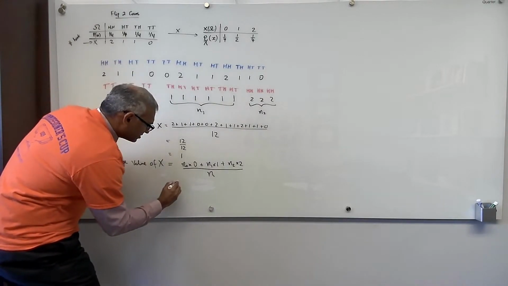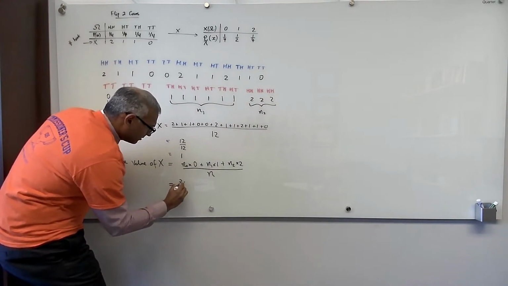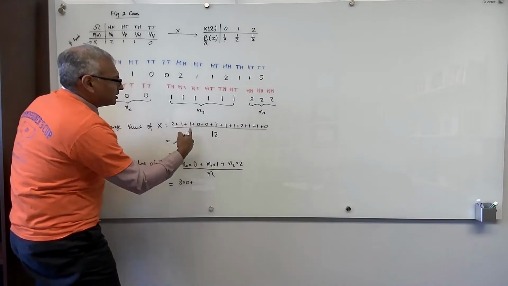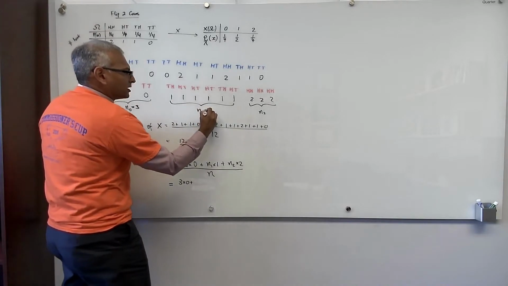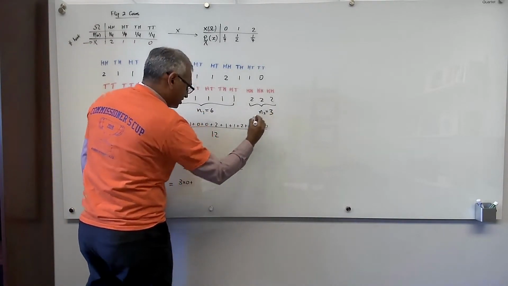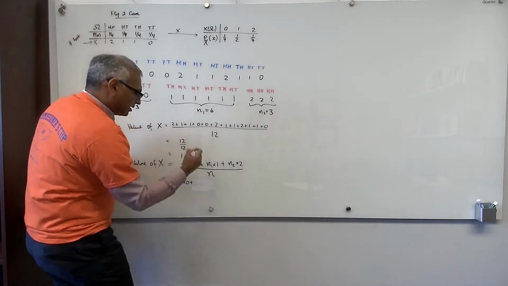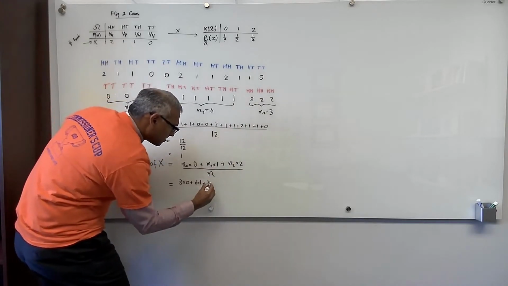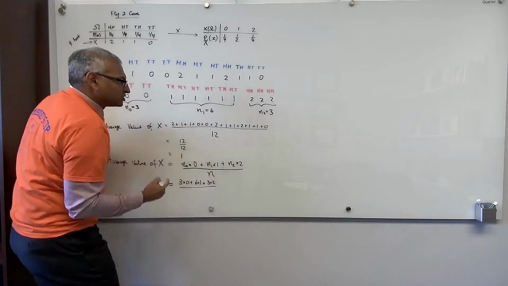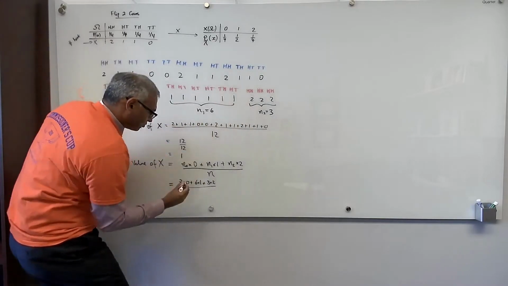So n0 equals 3, n1 equals 6, and n2 equals 3. So 3 times 0 plus 6 times 1 plus 3 times 2, over n, which is 12. 6 plus 3 plus 3 is 12.